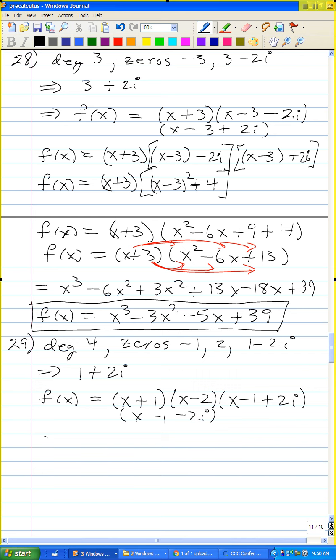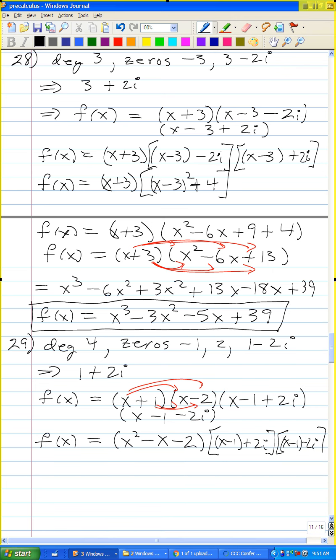So let's simplify this. If I multiply out these, I get x squared plus x minus 2x, which is minus x, minus 2. And I get x minus 1 plus 2i times x minus 1 minus 2i.